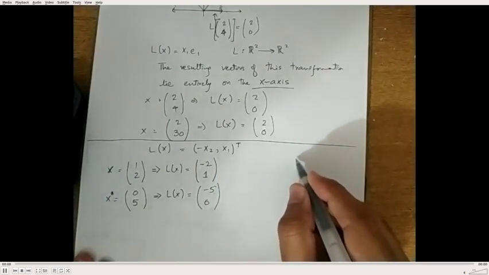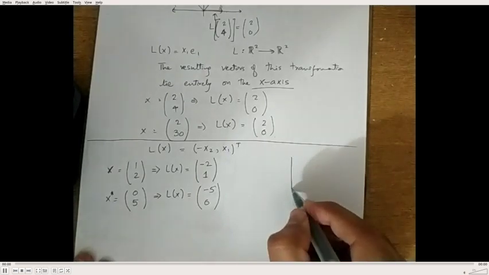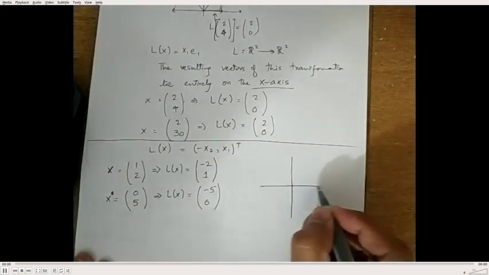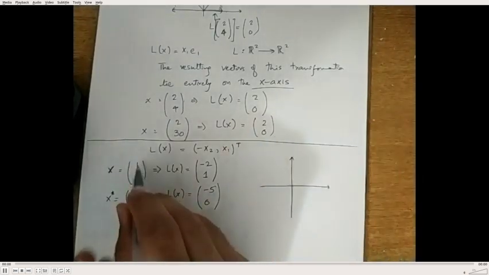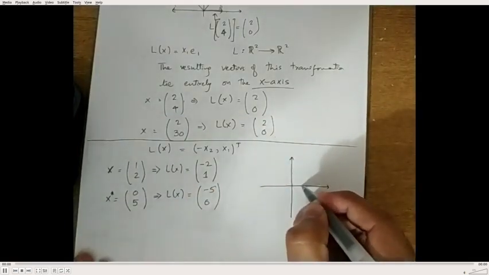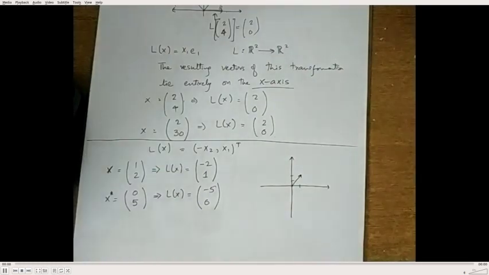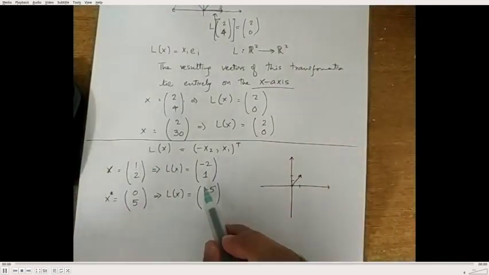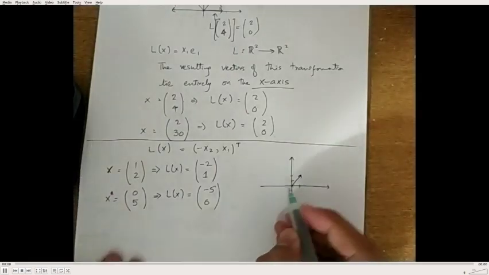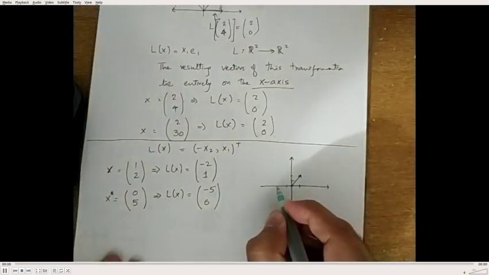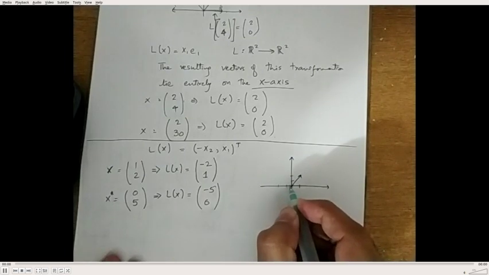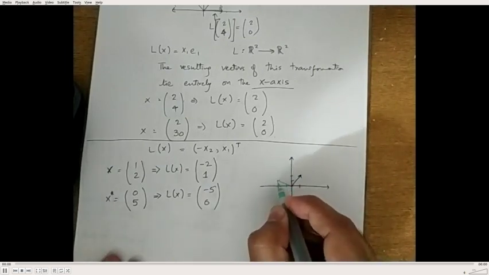So the first vector, if I draw this in the xy plane, the first vector was 1, 2, and the image of that vector is minus 2, 1. So we have minus 2 and 1, it gets mapped like this.